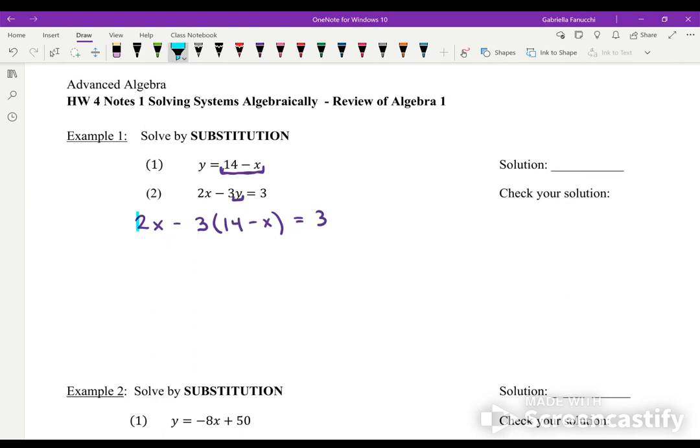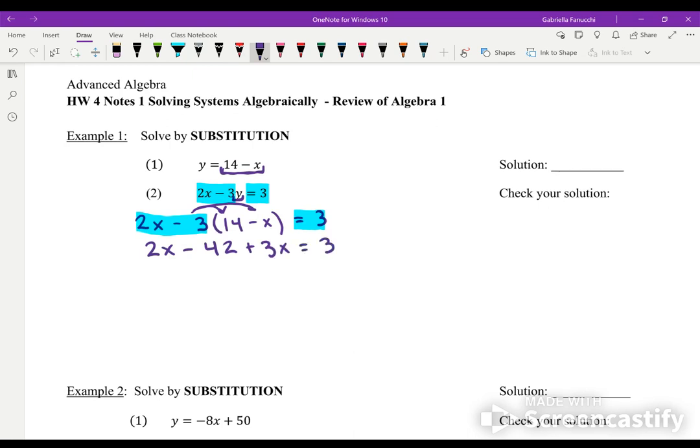This part of the equation is still right here. The only thing I changed was the y. Now we're just going to distribute and solve. That negative 3 is going to be multiplied by 14. So 2x minus 42 plus 3x is equal to 3.